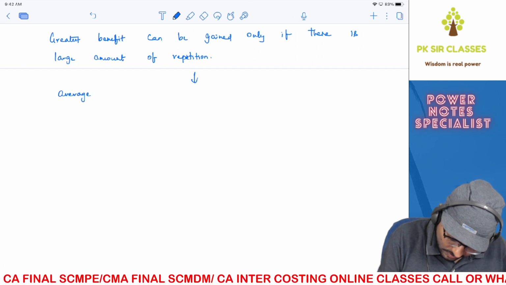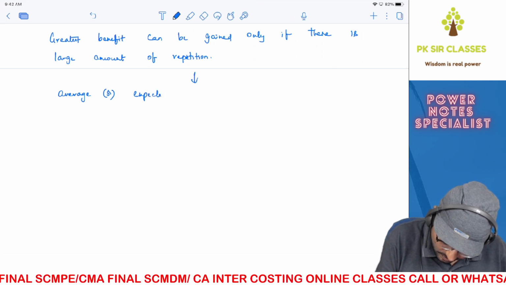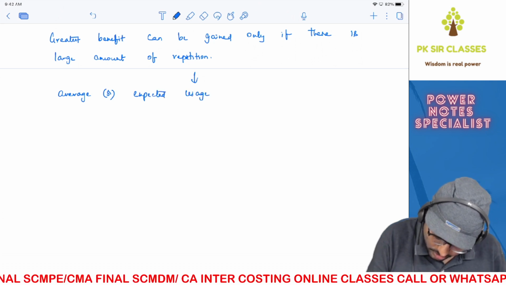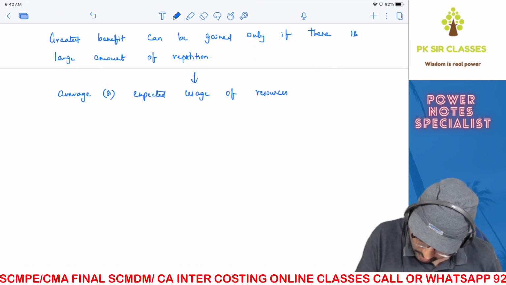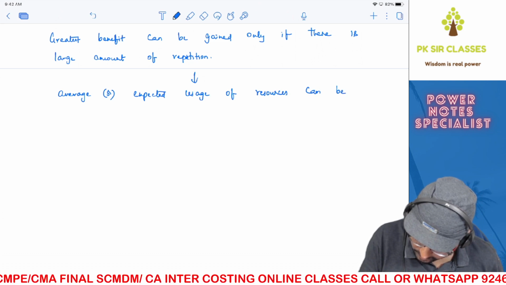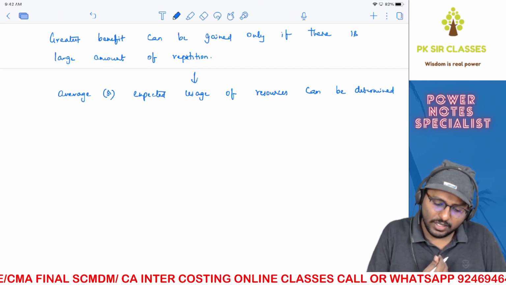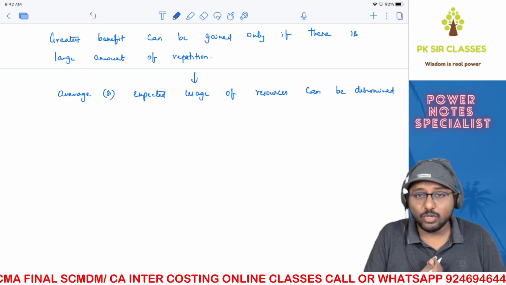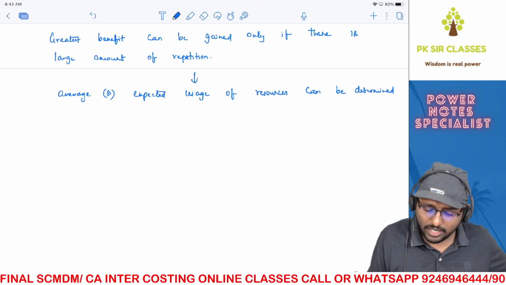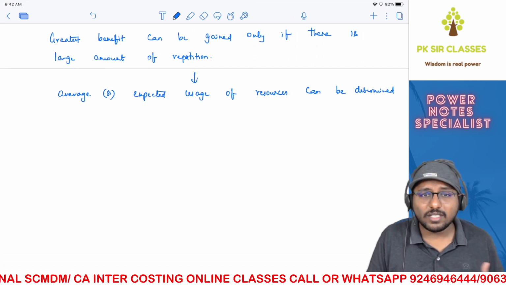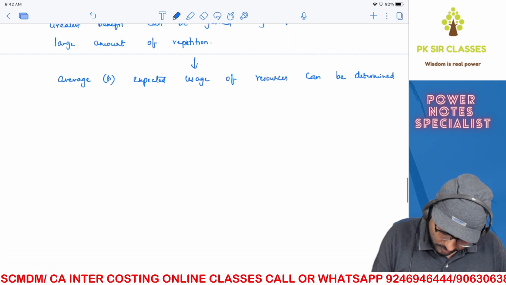Average or expected usage of resources can be determined. If there is no large amount of repetition, then it will be very difficult for you to expect the average usage of resources. When you can't expect that, then you can't implement standard costing. It's as simple as that, straightforward.